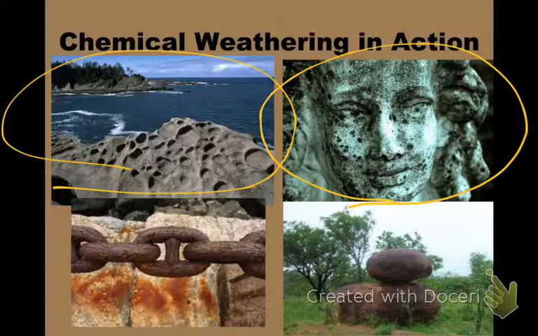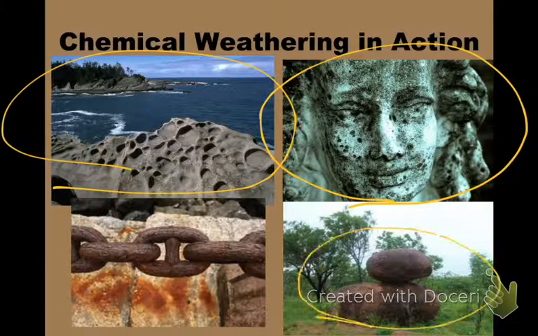What happened here to make it look this way is that the gases in the atmosphere mixed with the water that was in that lake. As the waves put the water onto that rock, it sat there. So you have this acidic water just sitting on the rock. Over time, the more that happens, it's going to dissolve more and more layers of that rock away, leaving these little crater-like areas.